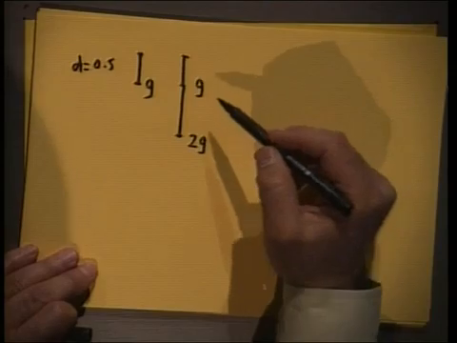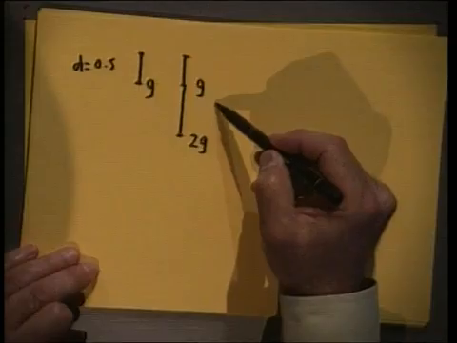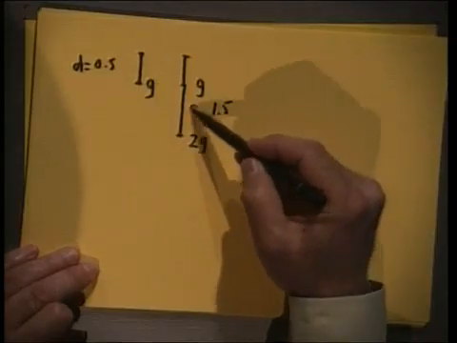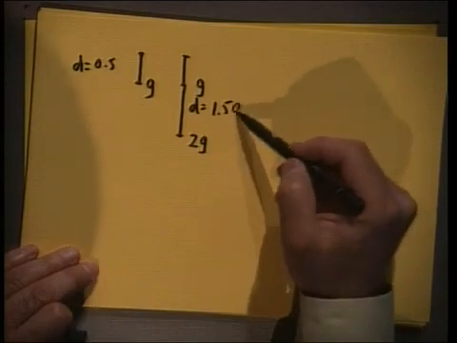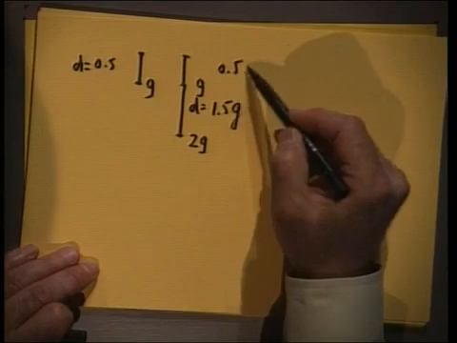Whereas after 2 seconds, it had traveled 2g. So 2g minus half g, in the second second it has traveled 1.5 g, and in the first second it has traveled only half g.